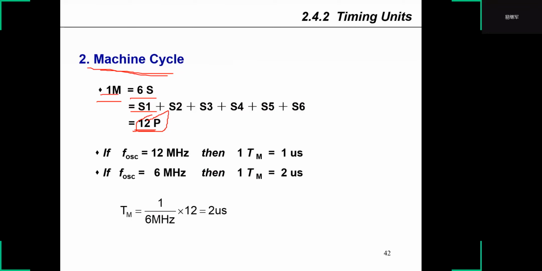If the oscillator frequency is 12 MHz, then the machine cycle time is 12 divided by 12, which is equal to 1 microsecond.